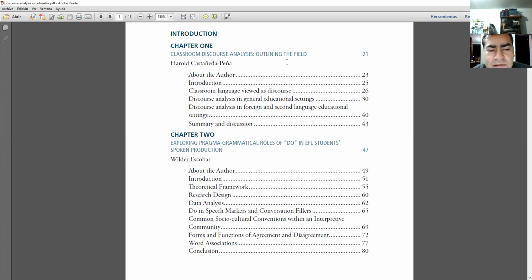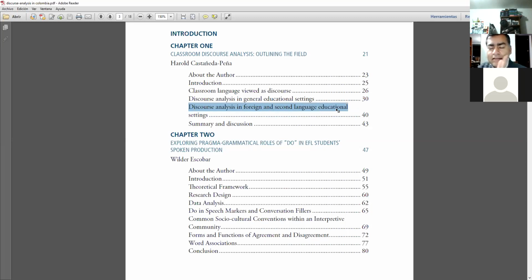This one actually explains what discourse analysis is in the classroom and the different methods to do that. What I like about this one is the first introduction to the chapter. It talks about classroom language viewed as discourse, discourse analysis in general education, and discourse analysis in foreign and second language education. So basically this one could actually help us out. This one, right? Maybe, I don't know.